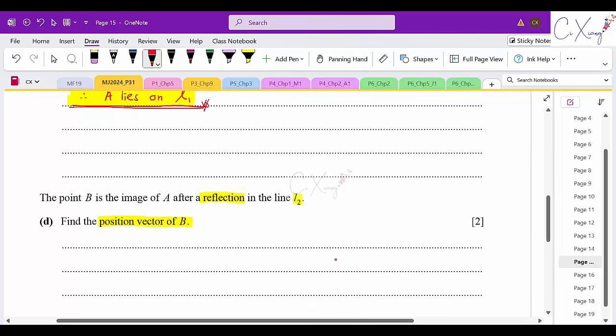If I try to combine all the information I got in the previous parts, from part A, I know that line L2 is perpendicular to L1. So that's the first information that I get. Second, I know that this particular point is the intersection point.